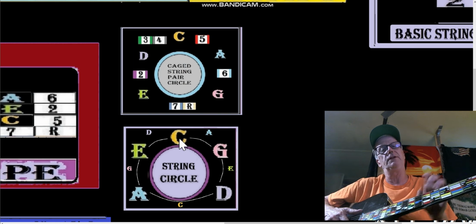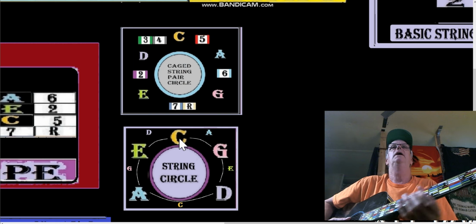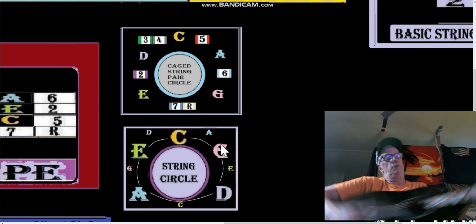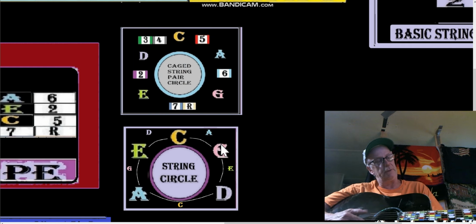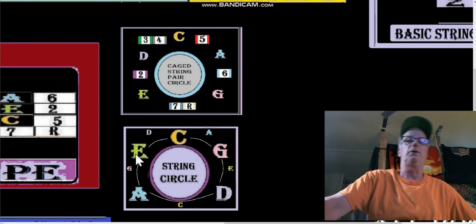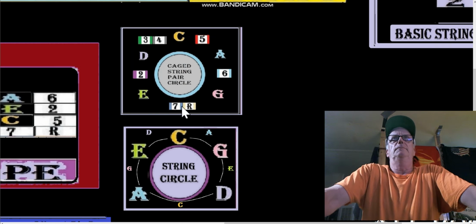So we're using the letters, but they do go in order. So the E shape goes to the C shape. And conversely, when we're going this way, everything descending, the C is going to go to the E instead of going to the F. So that, and then we have our CAGED string shape pair.